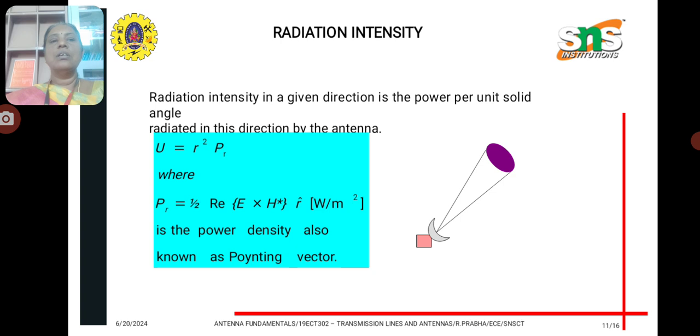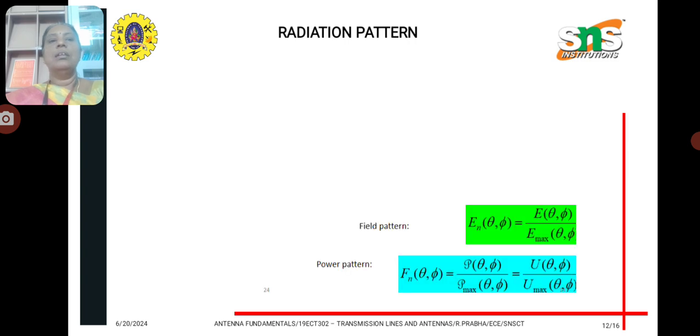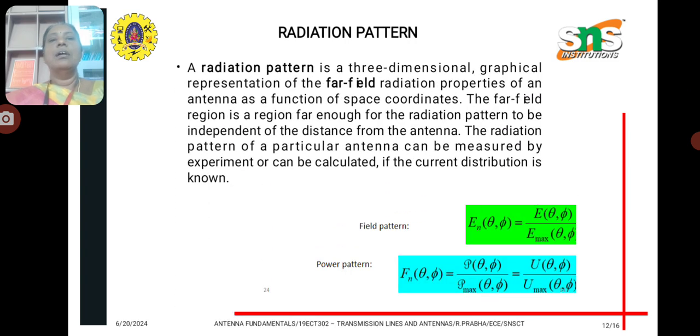The next important parameter for measuring antenna performance is radiation intensity, and in a given direction it is defined as the power per unit solid angle radiated in this direction by the antenna. Radiation pattern is a three-dimensional graphical representation of the far field radiation properties of an antenna as a function of space coordinates. There are two types of radiation pattern.